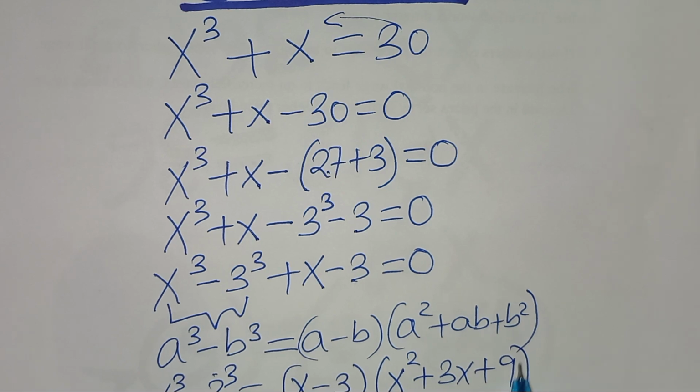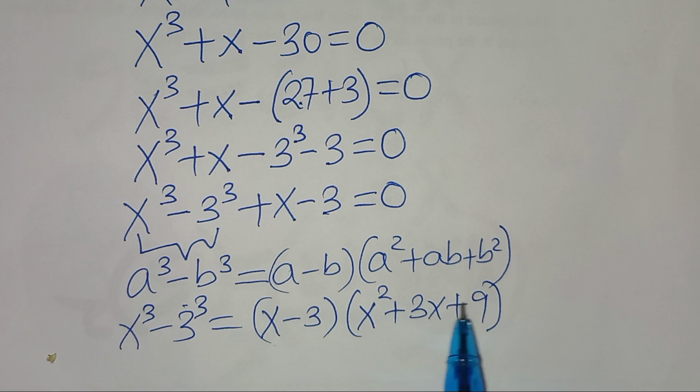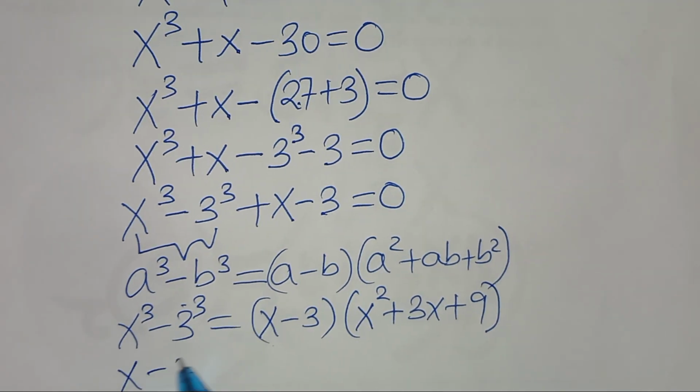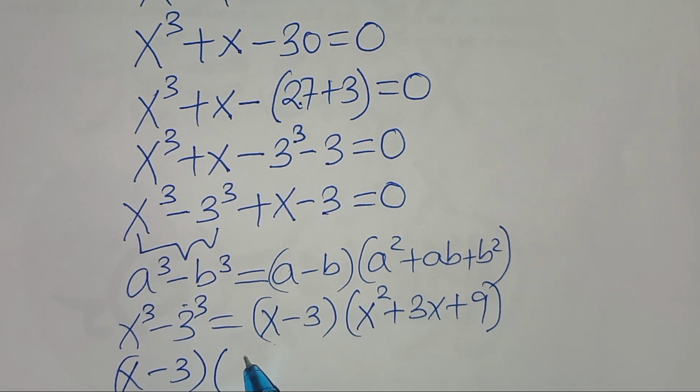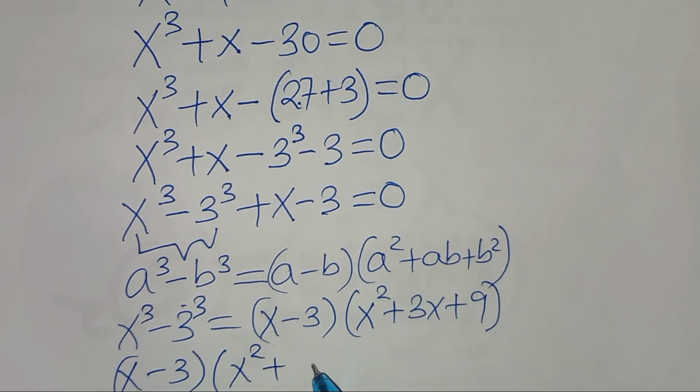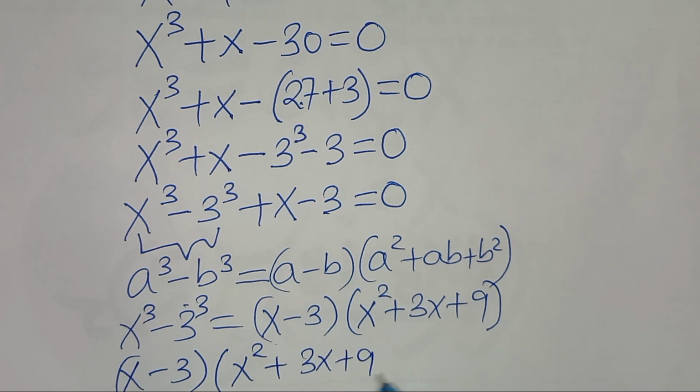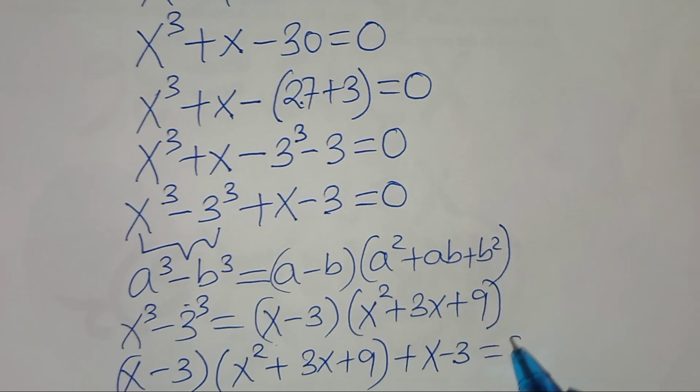So let's substitute this back into the equation, so that we'll have x subtract 3, times x squared plus 3x plus 9, plus x minus 3, equal to 0.